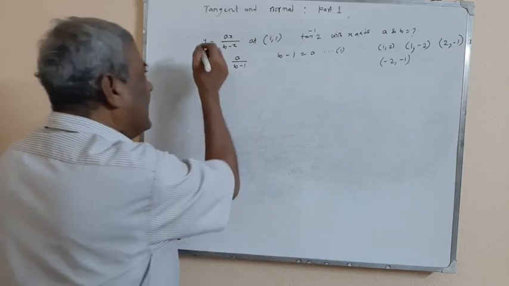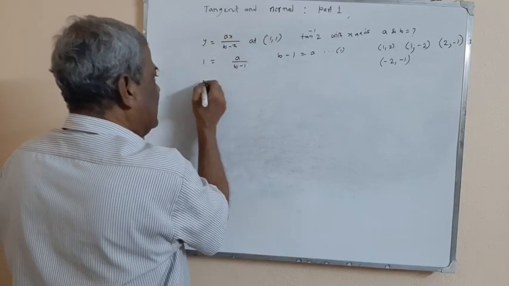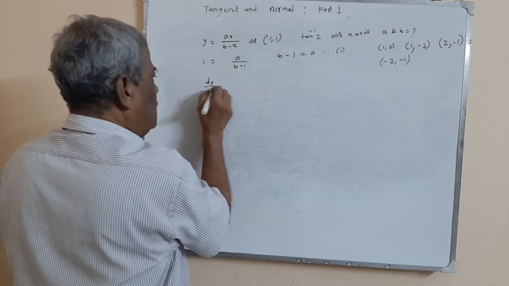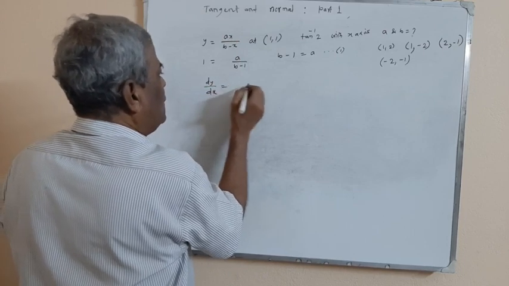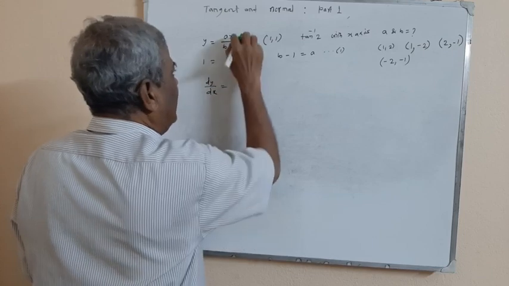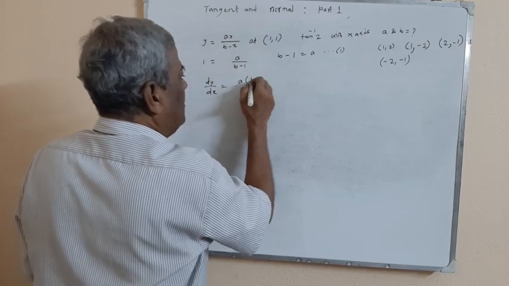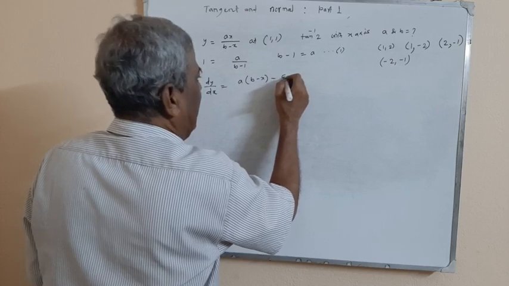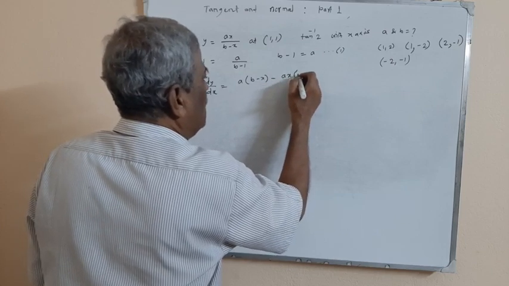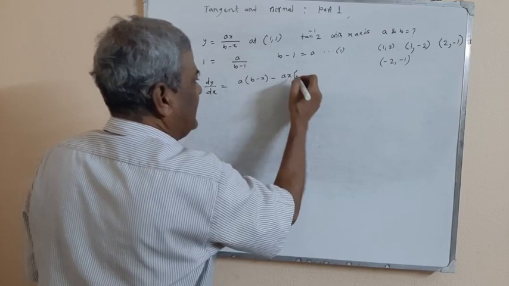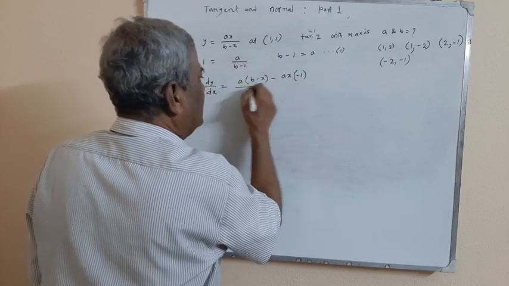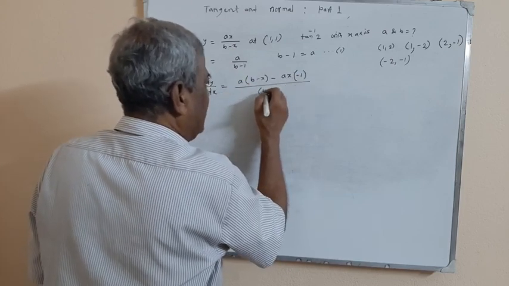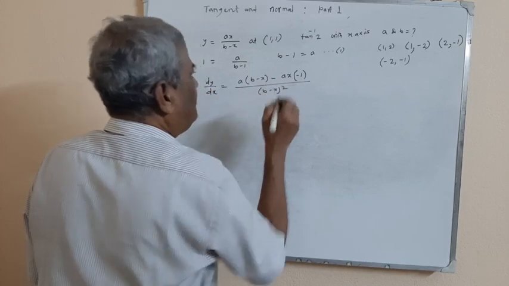So the gradient of that tangent is dy/dx = [a(b - x) - ax(-1)]/(b - x)².